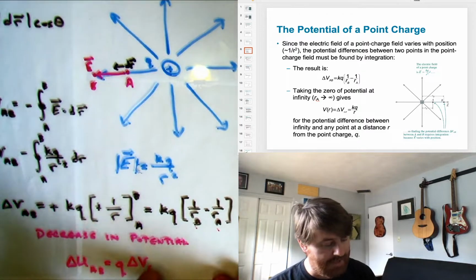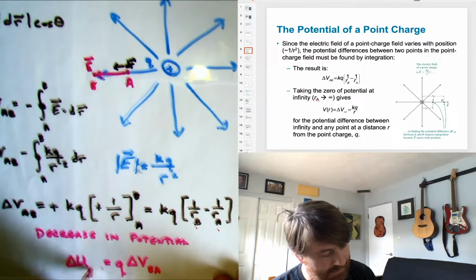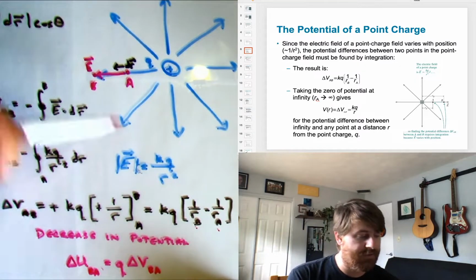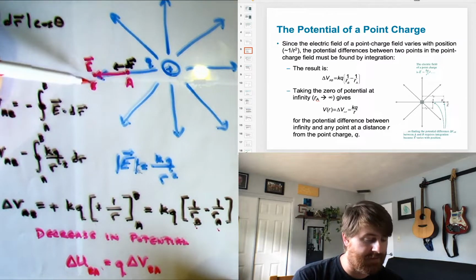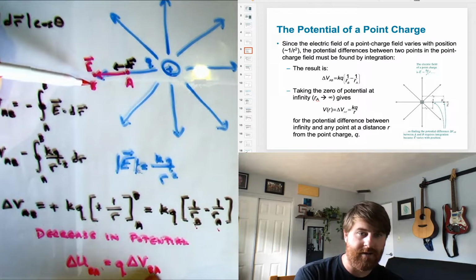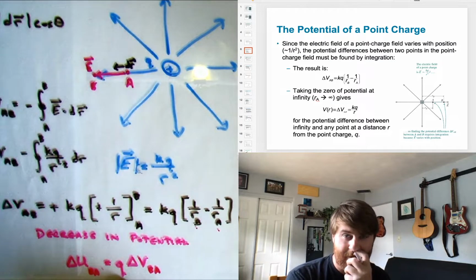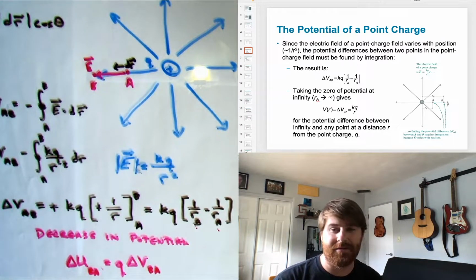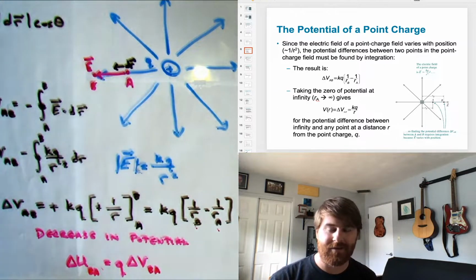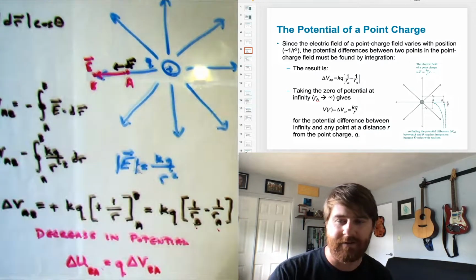I should call those BAs. Let's do that, BA instead. Even though the potential would increase for a positive charge, I multiply by a negative charge if that's what I'm actually moving, and then the change in potential energy is negative, right? So positive and negative charges do the opposite of each other when you move them in the presence of an electric field.